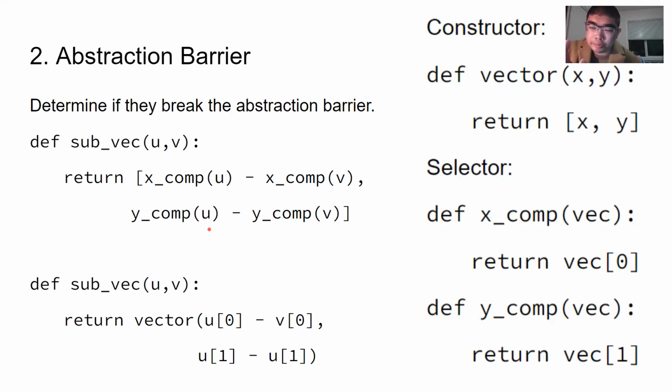He knows how we store the data because he used the same method as we used in the constructor function. But it actually returned a list. You can say it's a vector and you can say it's not a vector because we don't use the constructor function.